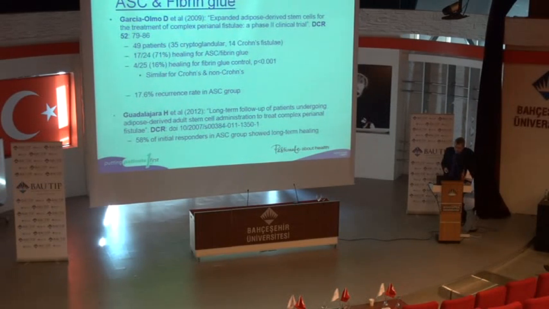They found a significant difference in the healing rate with the addition of the adipose-derived stem cells. There was no difference between Crohn's and non-Crohn's patients. However, the initial paper did report an almost 20% recurrence rate in the stem cell group.